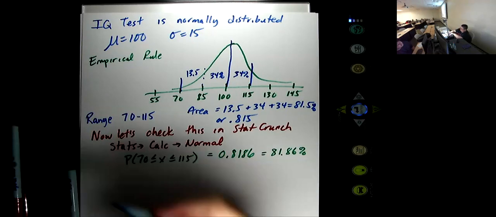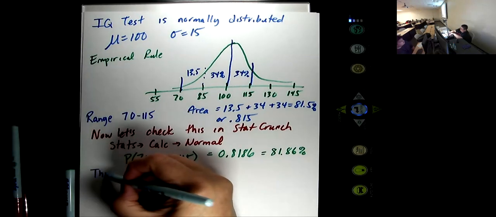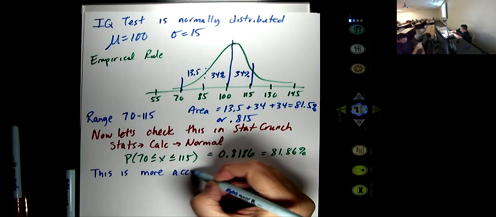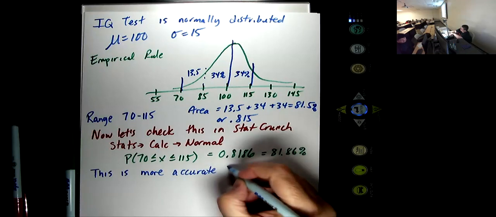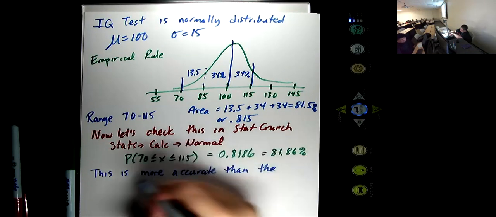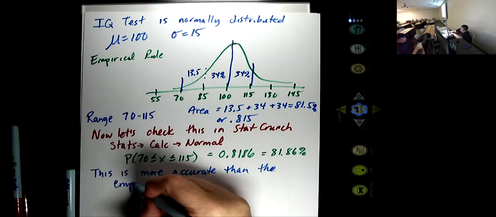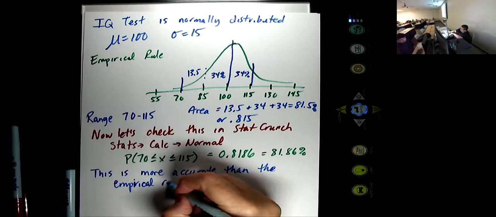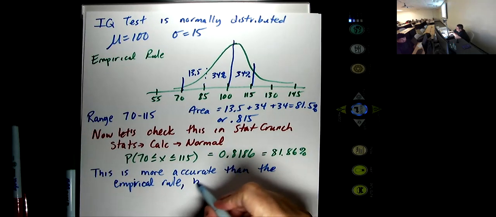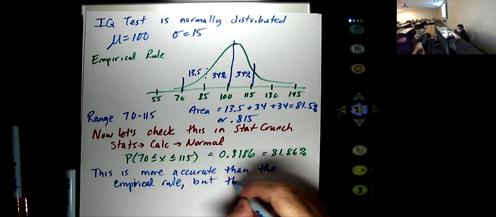This is much more accurate than the empirical rule. But the empirical rule is close.